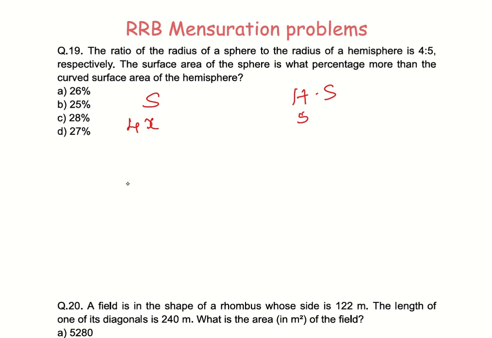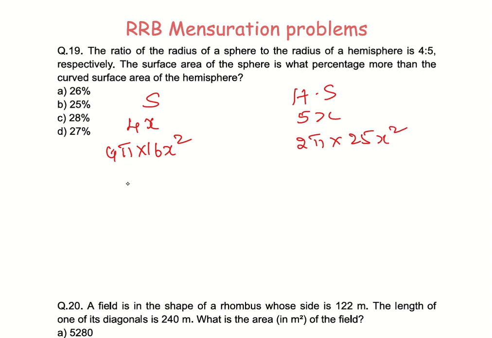Here the radius is 5x. So here they are asking the total surface area of the sphere, that is 4 pi r square, it is 16 x square. Here the hemisphere curved surface area is 2 pi r square, so 2 pi into 25 x square.